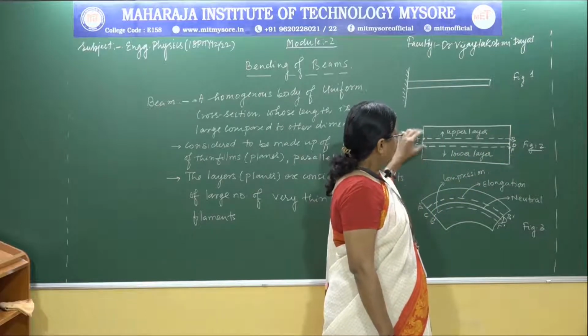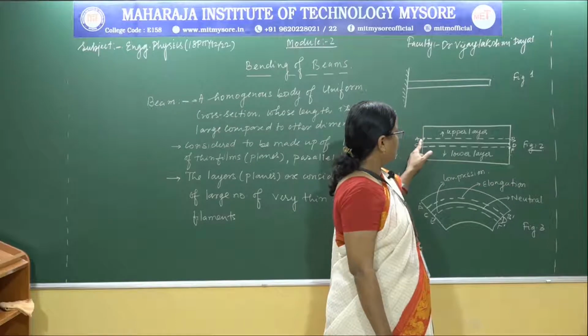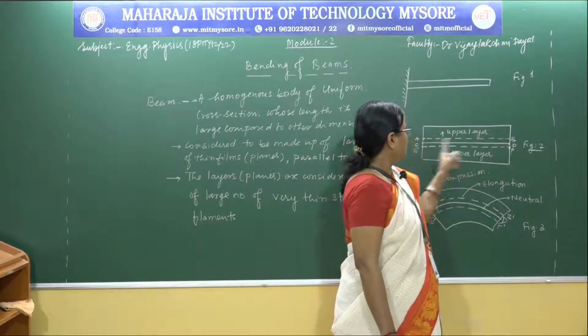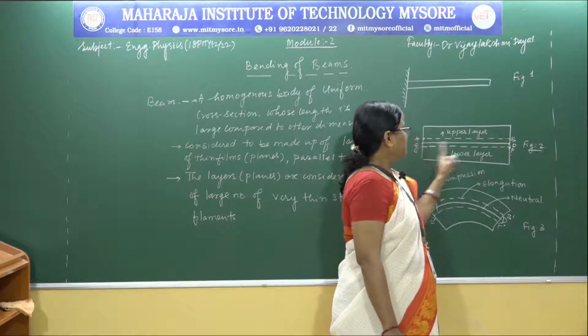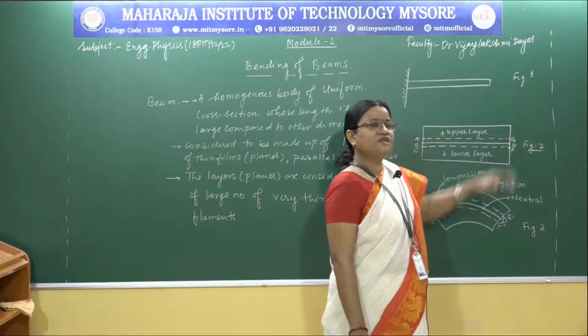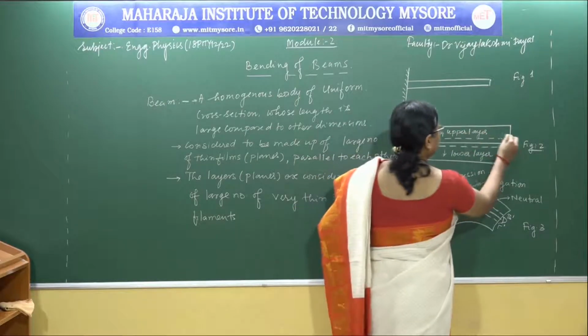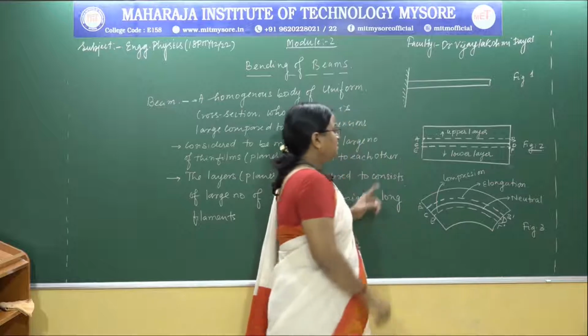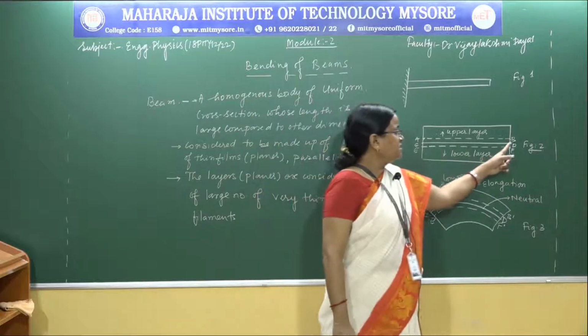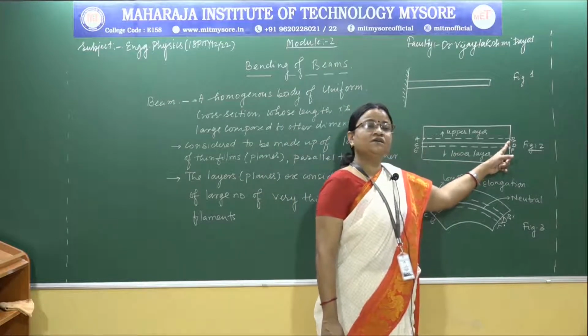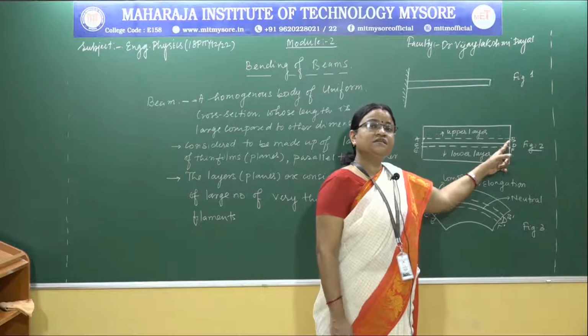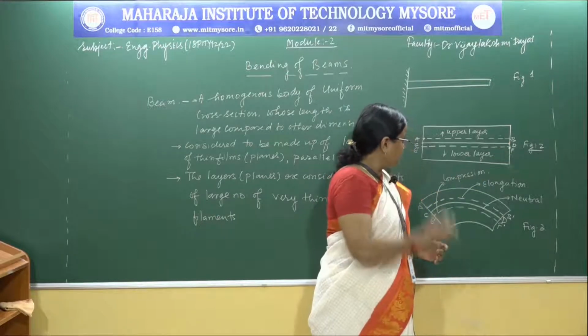This plane consists of the filaments AB, CD and EF. There are many such filaments you can consider. We consider that CD is a neutral axis, a neutral filament.